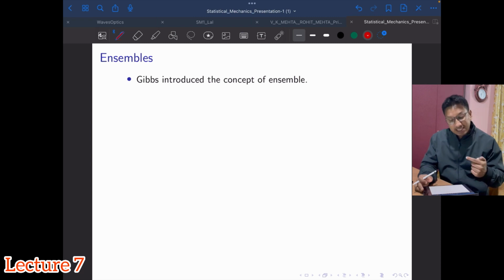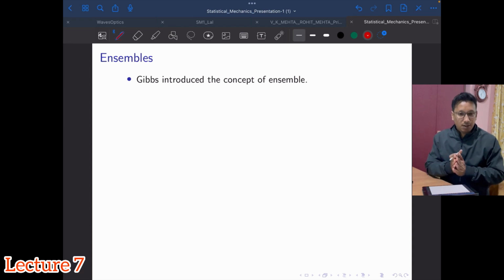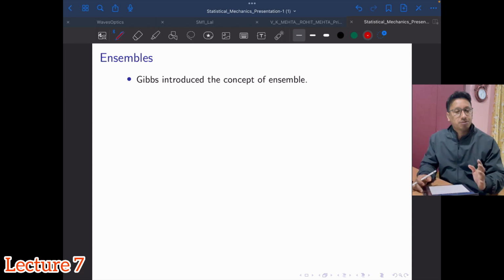So when I say a similar macroscopic condition, or a macrostate, you can extend the idea to not one system but a huge collection of systems, a pretty large number. That's why, to deal with this kind of situation, we introduce the concept of ensemble.